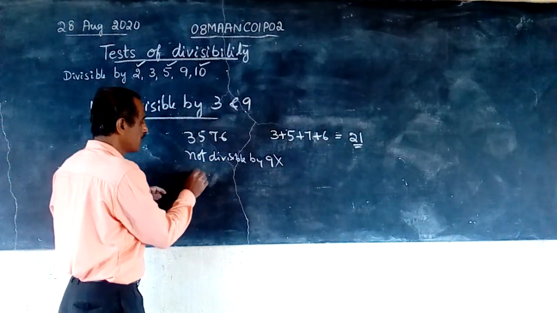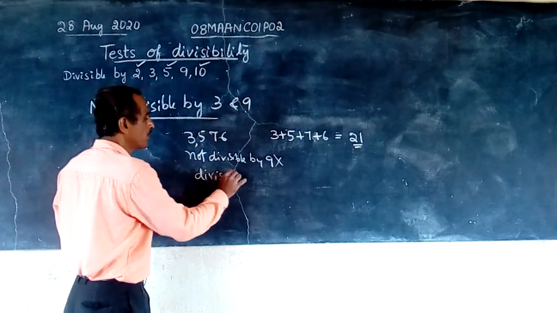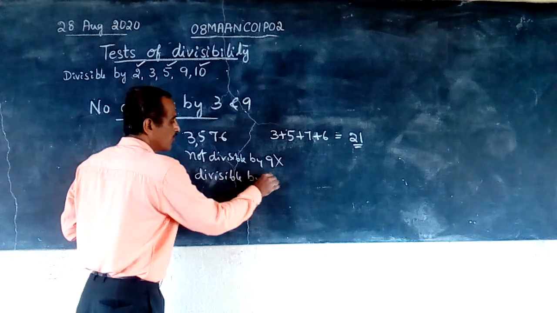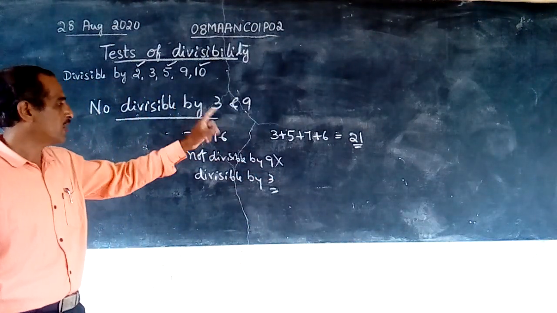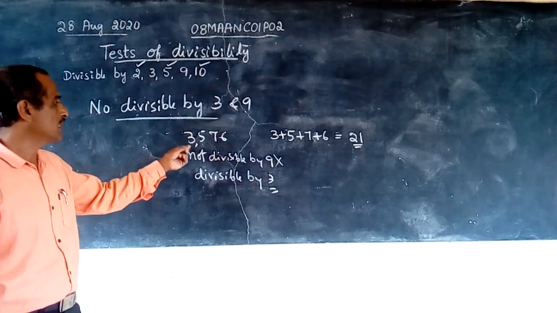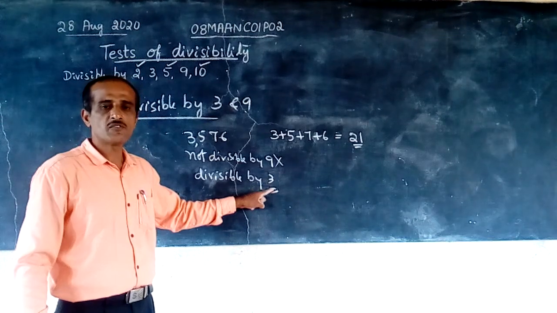We can divide this number, 3576, by 3. So remember, 3576 cannot be divided by 9, but 3576 can be divided by 3. So this is very easy.